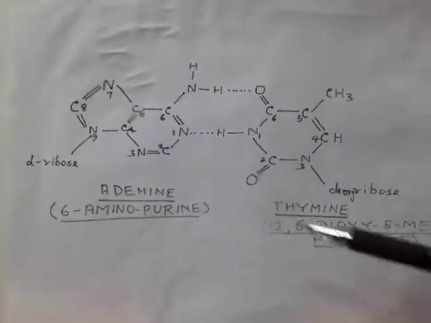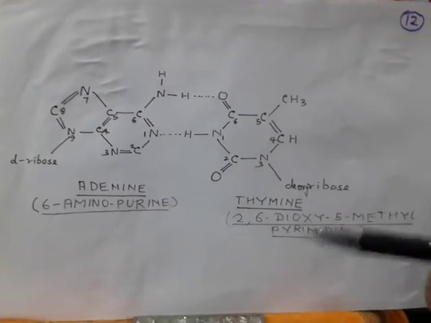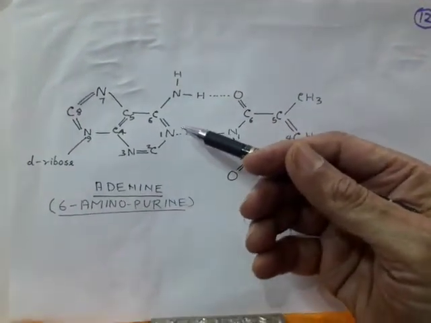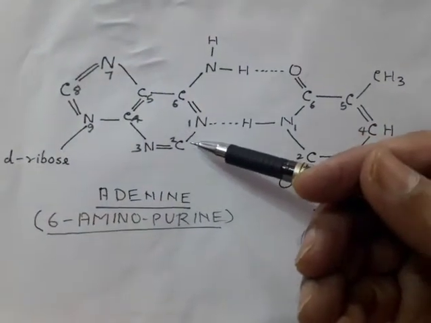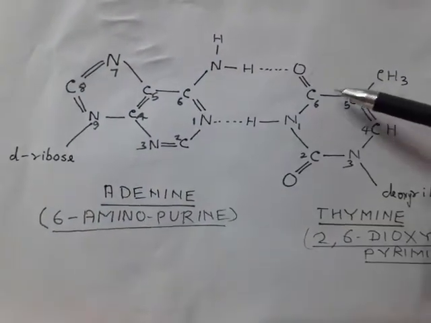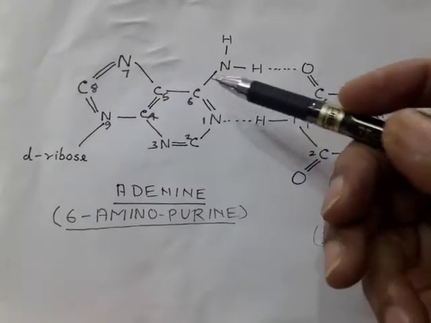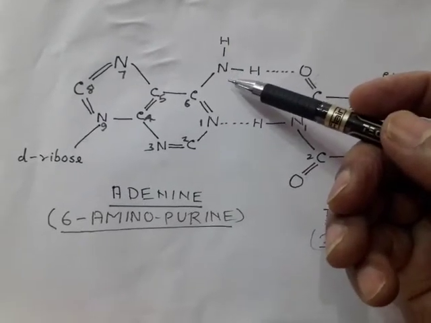In the bonding between adenine and thymine, generally there is a custom that the carbon or nitrogen of position 6 and 1 bind with the 6 and 1 positions of the other side. Here you can see that with carbon number 6, one NH2 group is attached.